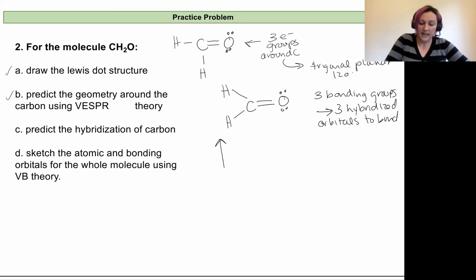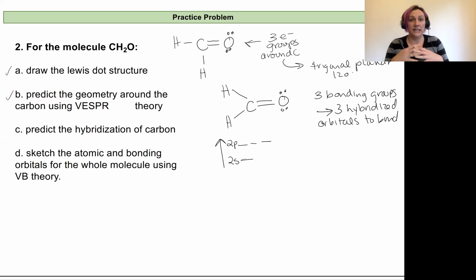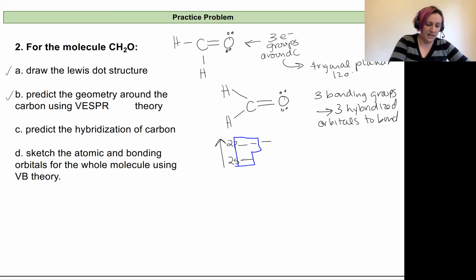Looking at carbon, it's in that second row, so it only has a 2s and the 2p orbitals in its valence shell. And so I'm going to take the 3 that I need, which is going to end up being 1 s and 2 p's. So I'm going to make sp2 hybridized orbitals, and there's still going to be a p orbital left over.